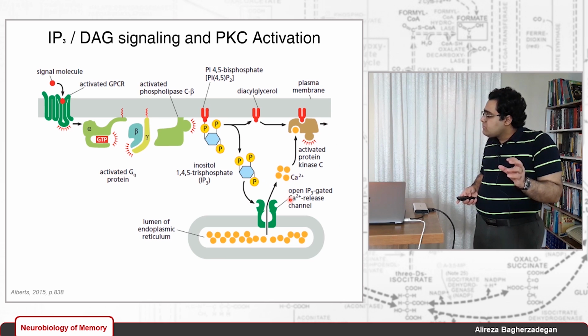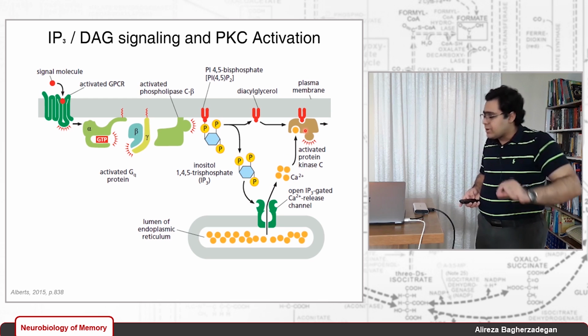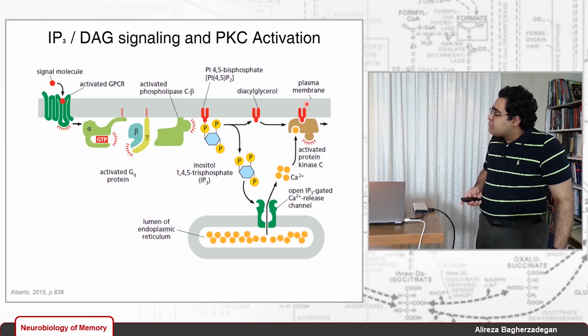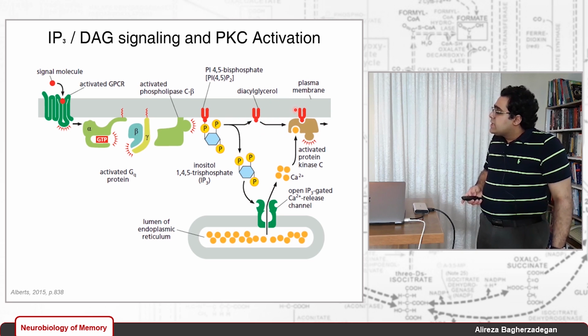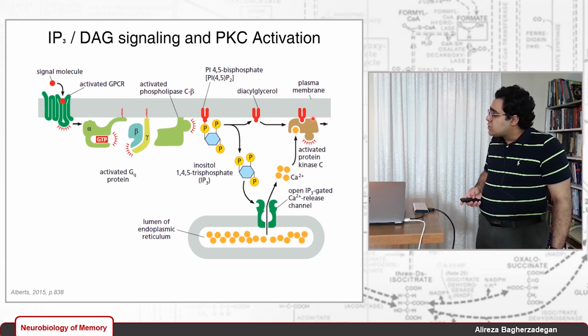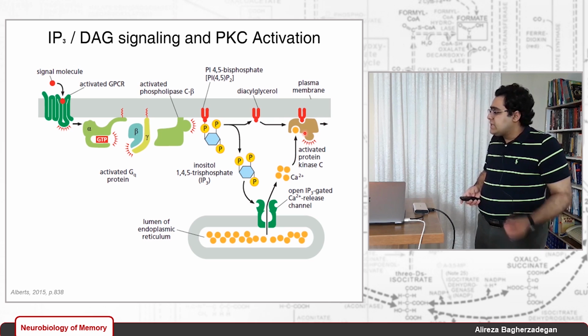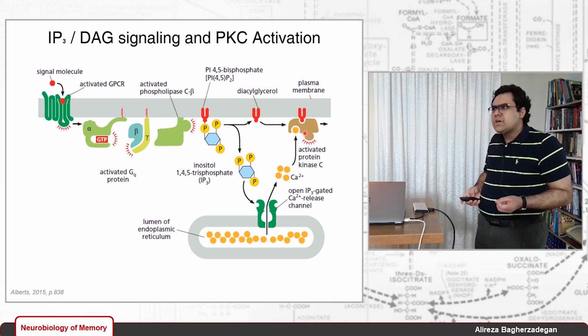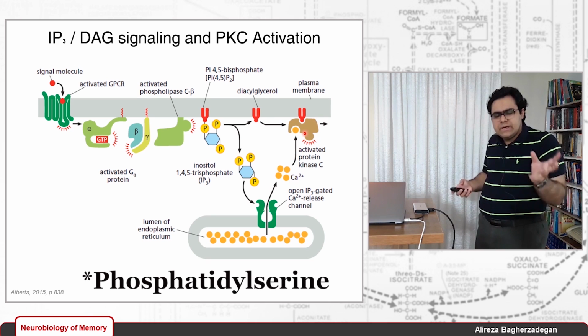So this is a protein kinase C, and once the calcium ion is released in the cell, this release of calcium ions causes the protein kinase C to translocate to the cell membrane. And near the cell membrane, protein kinase C is activated by diacylglycerol, also by calcium ions, and one more thing, which is phosphoserine, a negatively charged phospholipid.